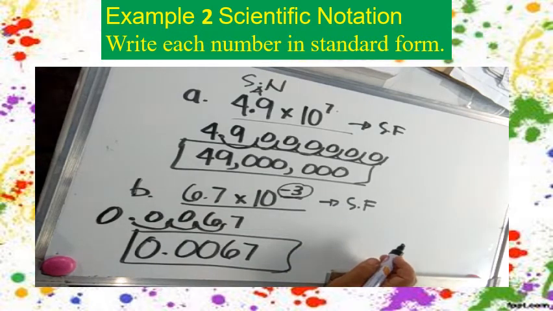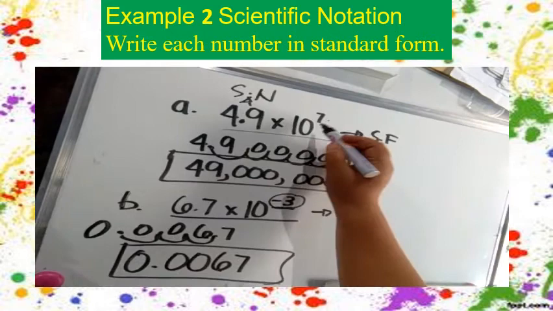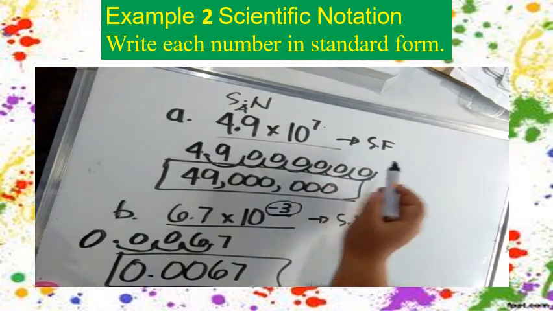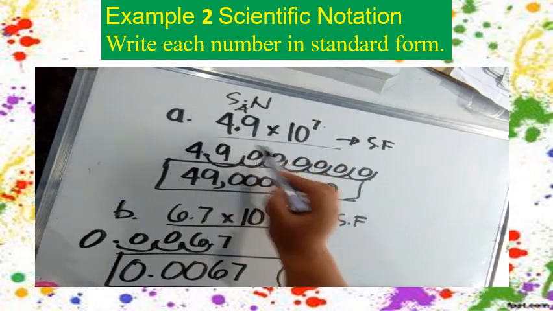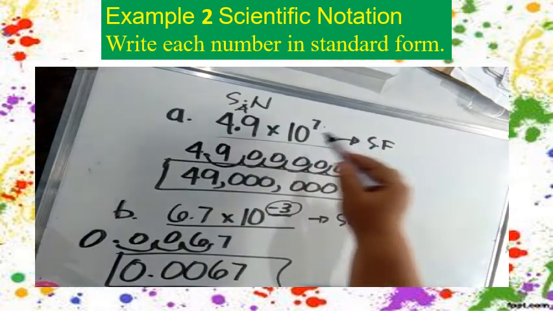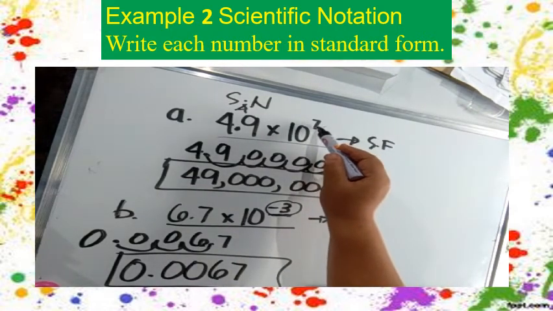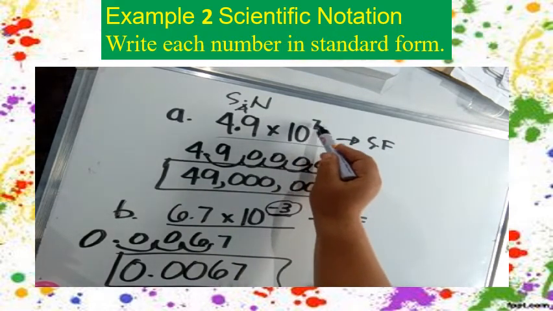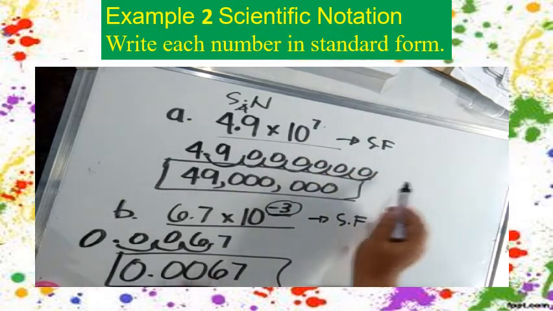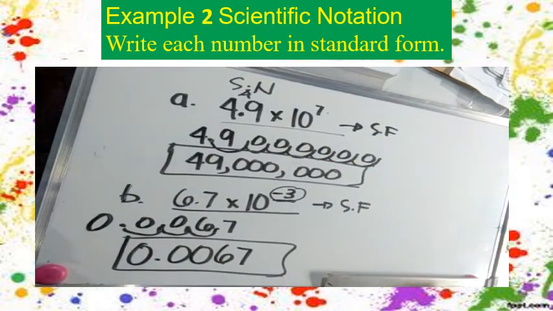And if the exponent is positive, when you rewrite it into standard form, you move to the right, depending on the exponent. For this example, it is 7, so you are going to move 7 places. It is very easy, don't get confused, okay? Concentrate. Understood? Very good.